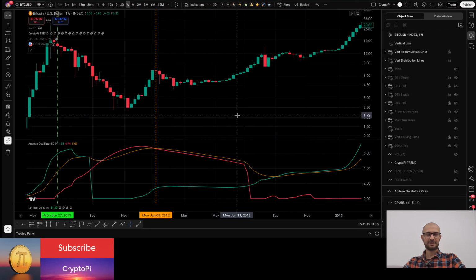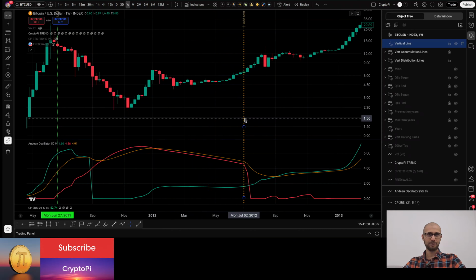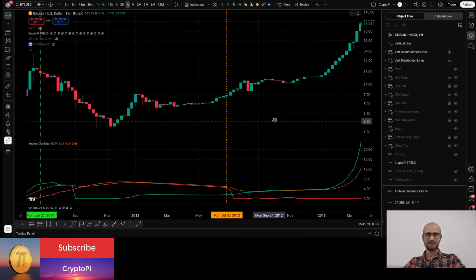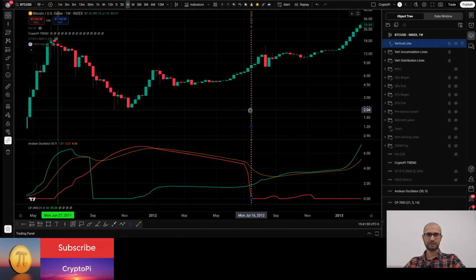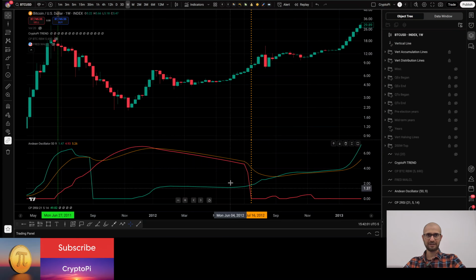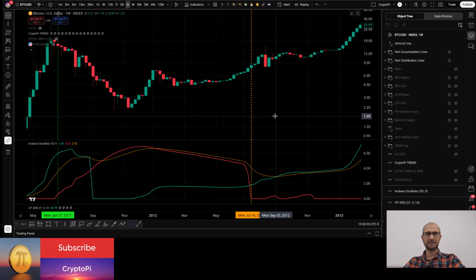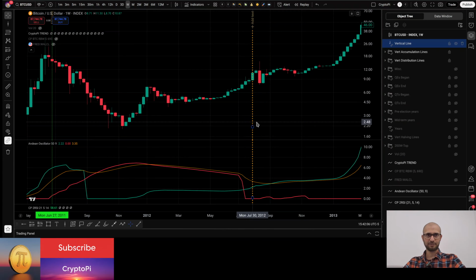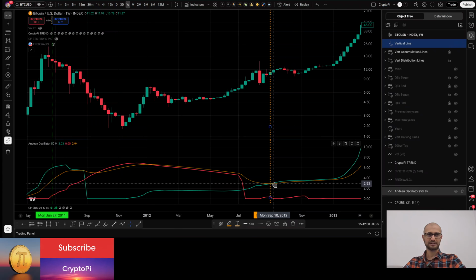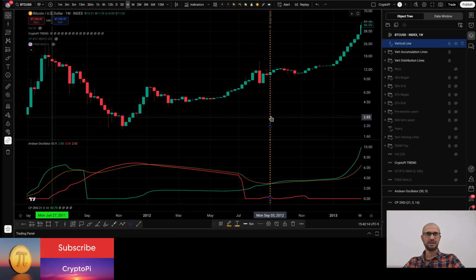So we can say that the first signal of the bull market starting comes only when the bearish component crosses under the bullish component. So the red line crosses below the green line, and it is confirmed when the green line, the bullish component, crosses over the orange line. So that's the basis of this whole analysis.